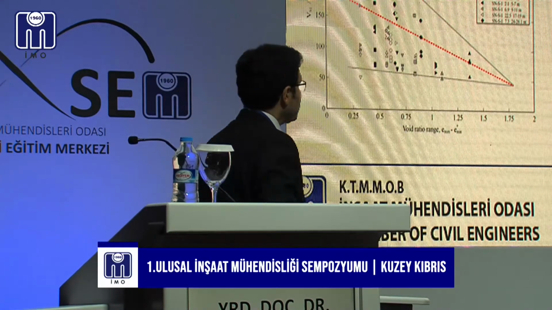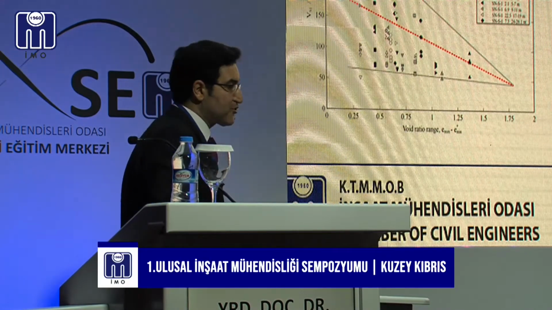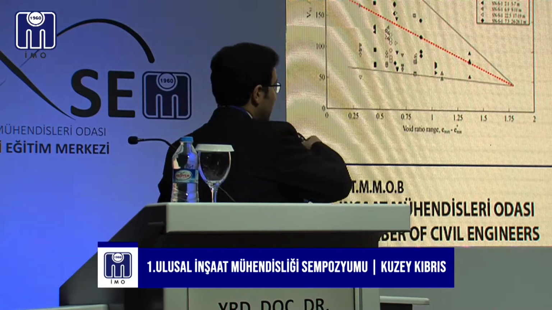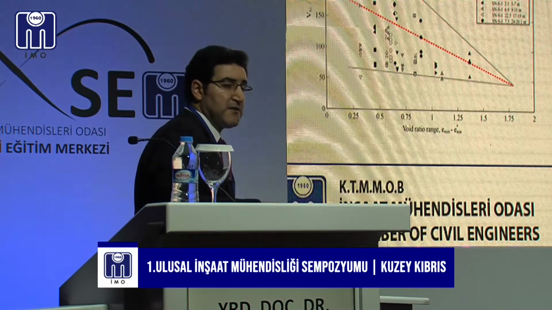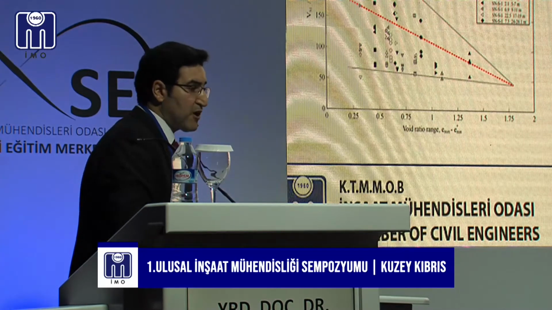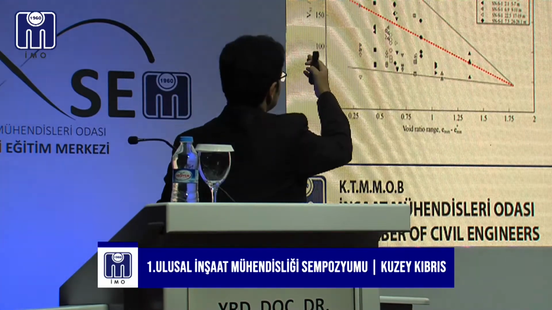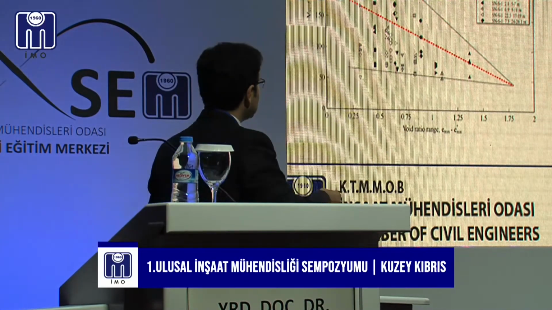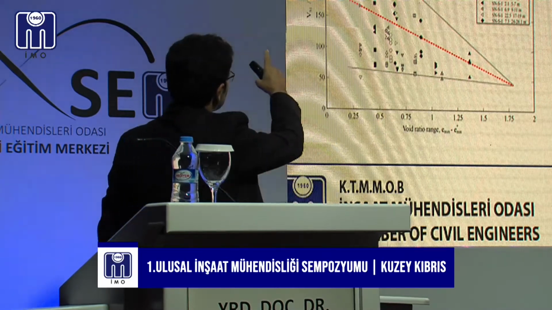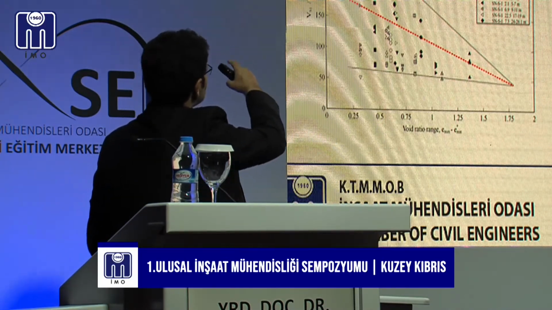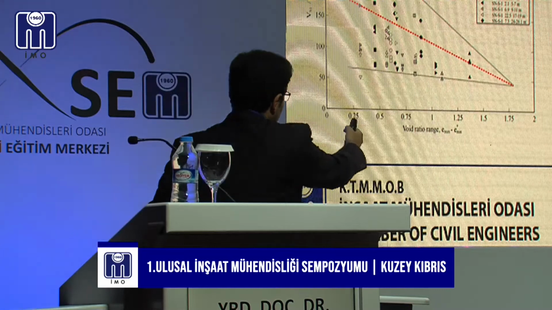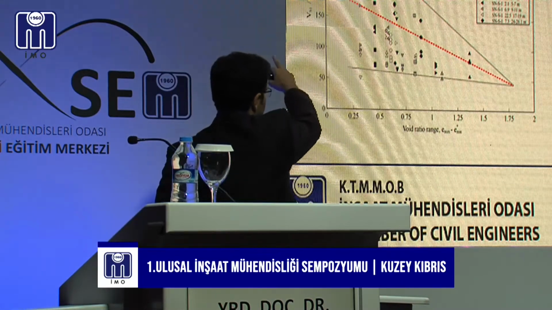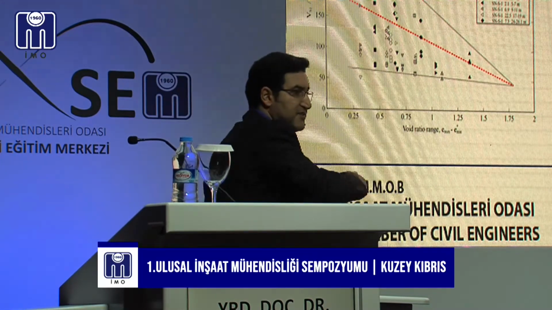Now we want to introduce two procedures, starting with procedure A. When you want to calculate the post-liquefaction volumetric strain, first you need to know the value of the fines content. With this curve, we find the void ratio range. Based on the void ratio range and shear wave velocity, we can find the relative density.